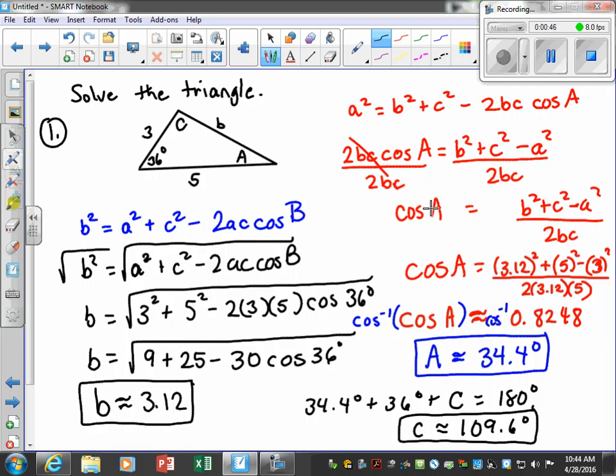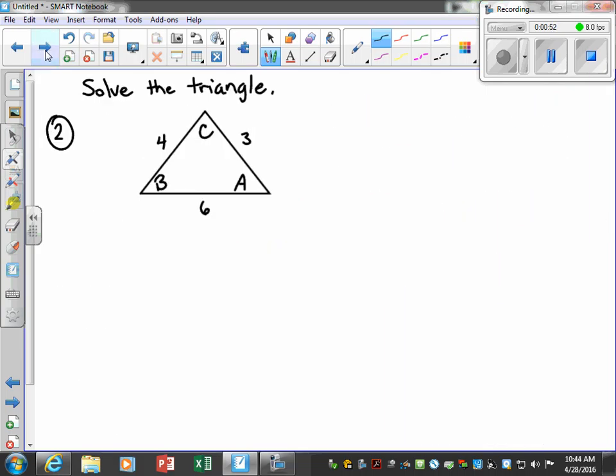So I'm going to use this formula because we've done that previously. So I'm just going to have cosine of A is equal to b squared plus c squared minus a squared divided by 2bc. Okay, and we solved that in the last video, so if you need to look back over that, you may.